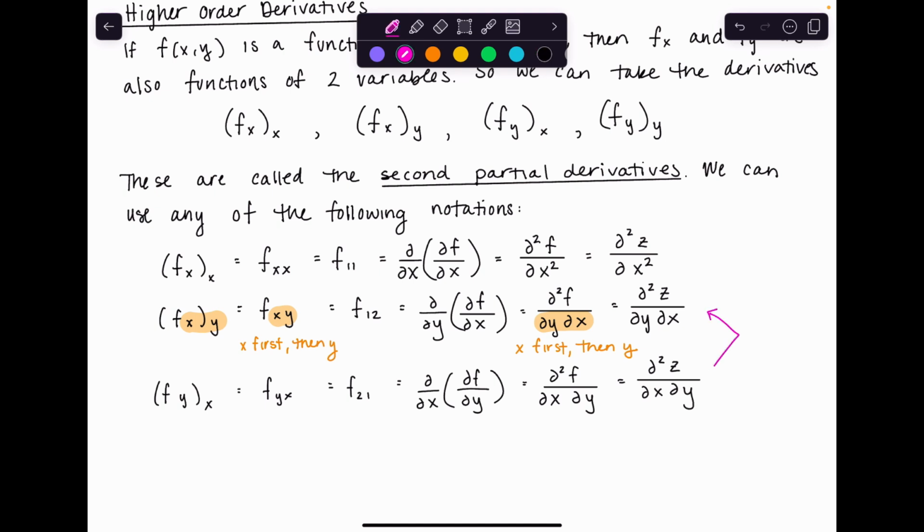And so again, you're going to hope these are the same. If it's a nice function, it should be. And again, for us, when we're finding second derivatives, that should always be the case. If you don't get that, you probably made a small error somewhere in here.